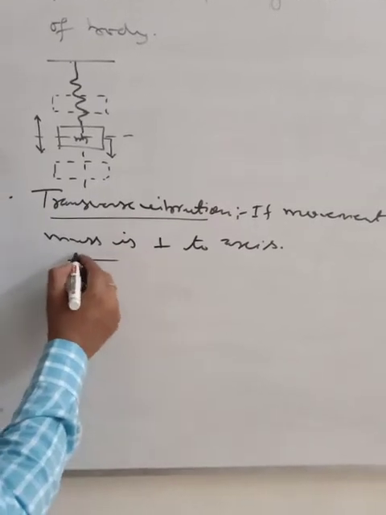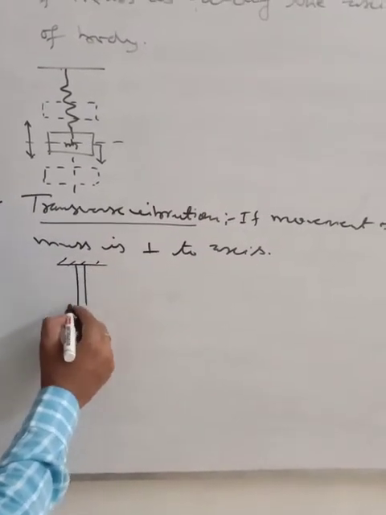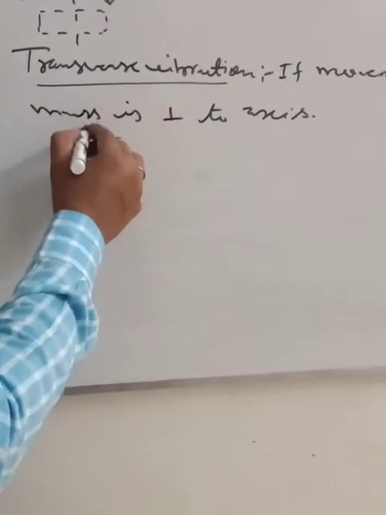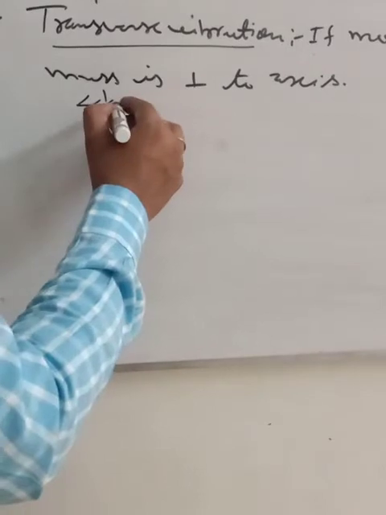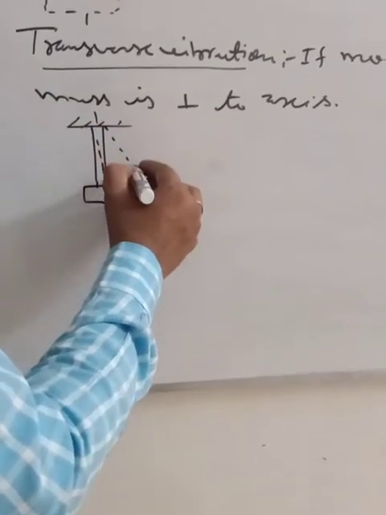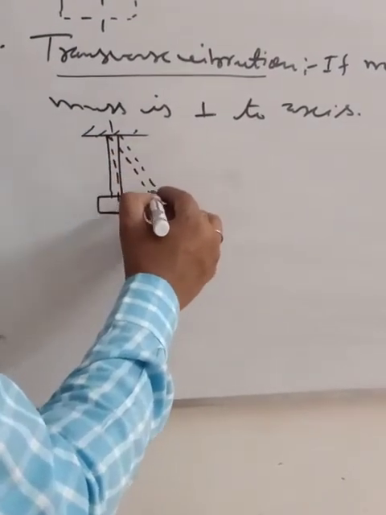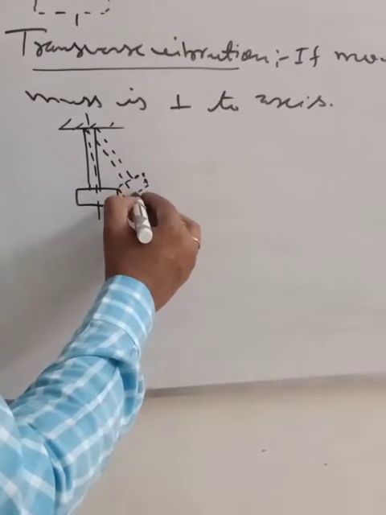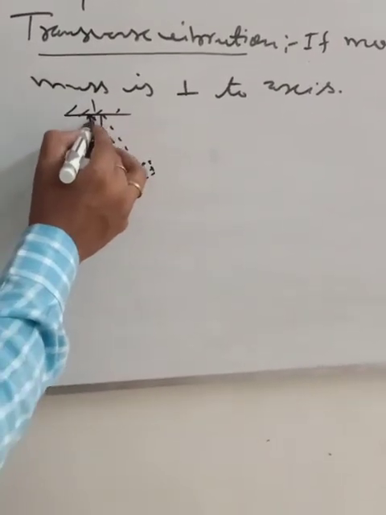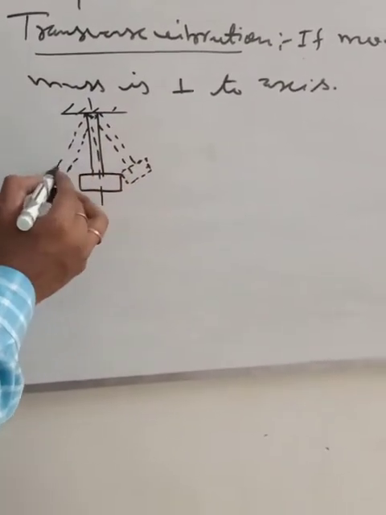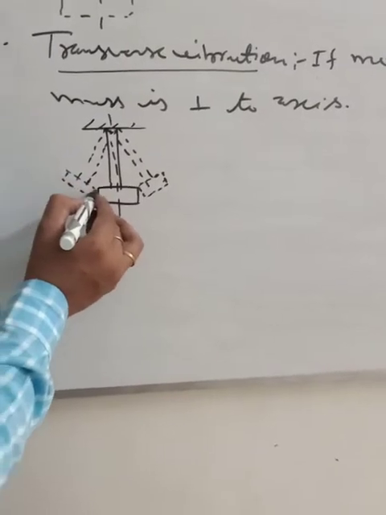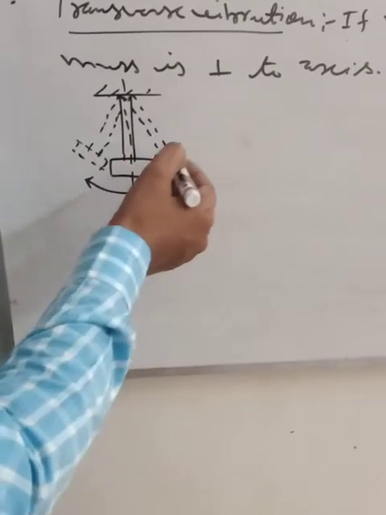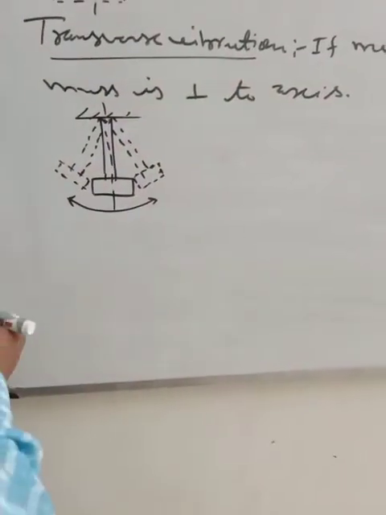If we consider this as the axis and we give an excitation and this type of vibration occurs, meaning perpendicular to the axis, then it is known as transverse vibration.